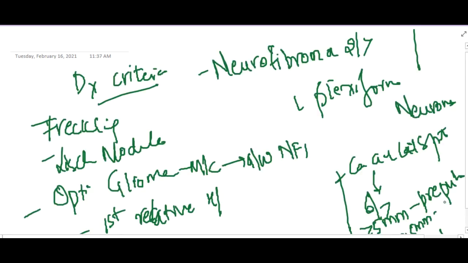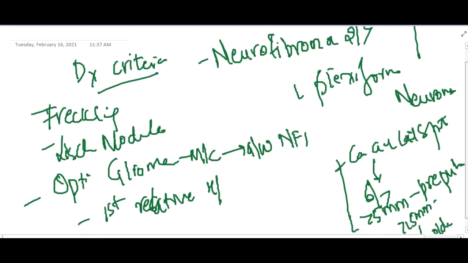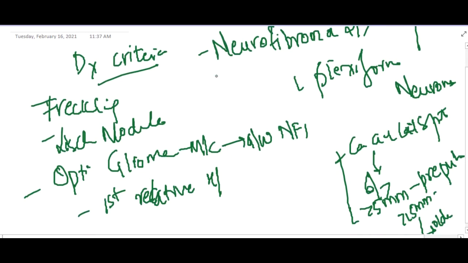So what are the diagnostic criteria? Leave the mnemonic, that's difficult. The diagnostic criteria are freckling, that is axillary freckling, Lisch nodule, optic glioma, presence of a first degree relative with neurofibromatosis, two or more neurofibromas or one plexiform neurofibroma.